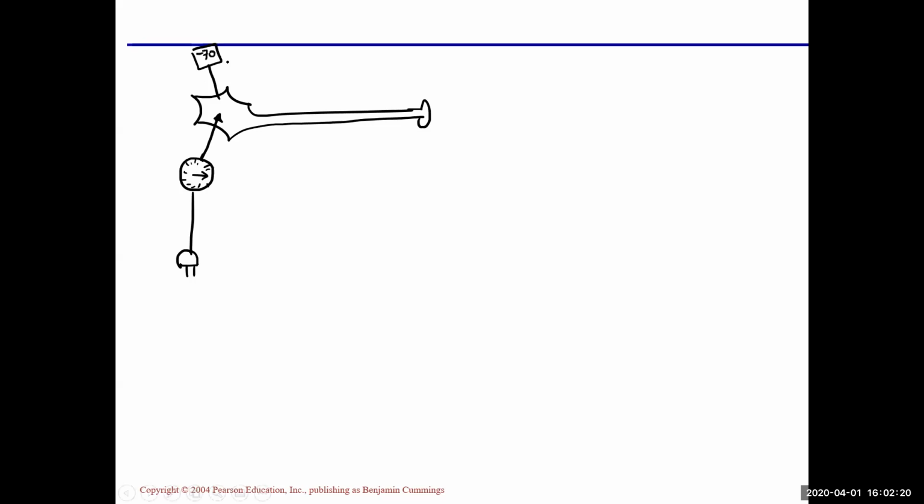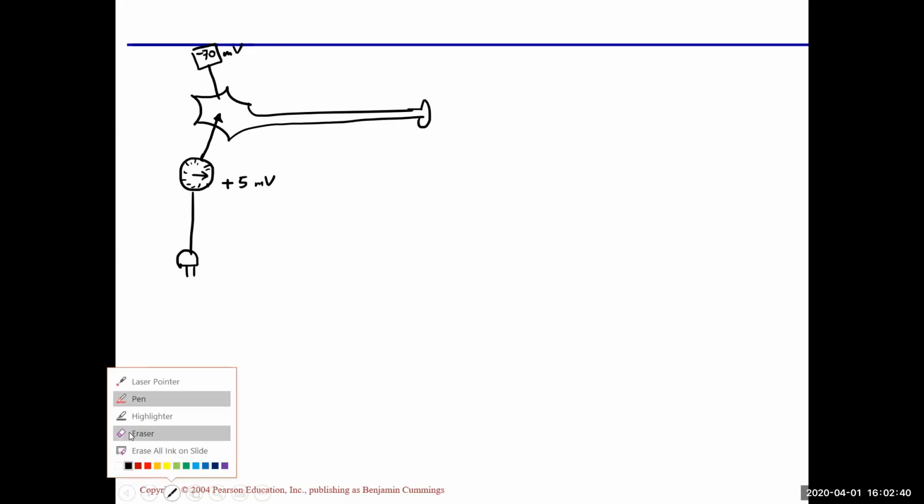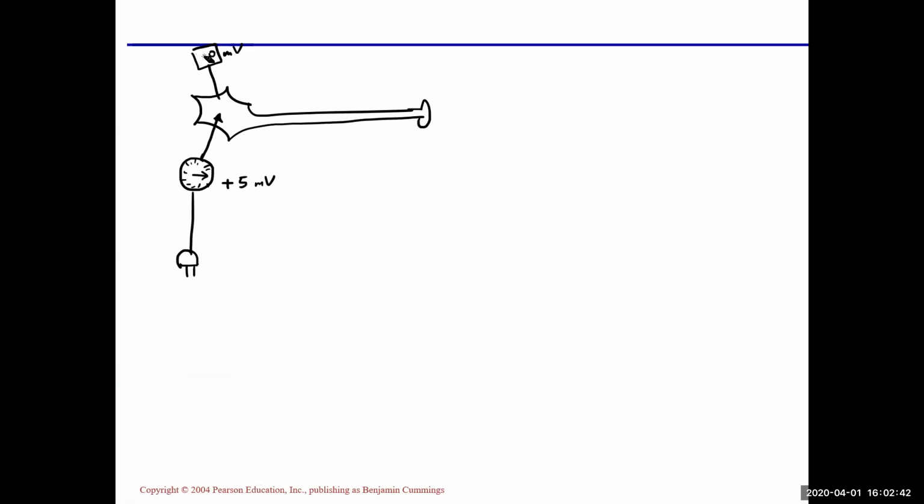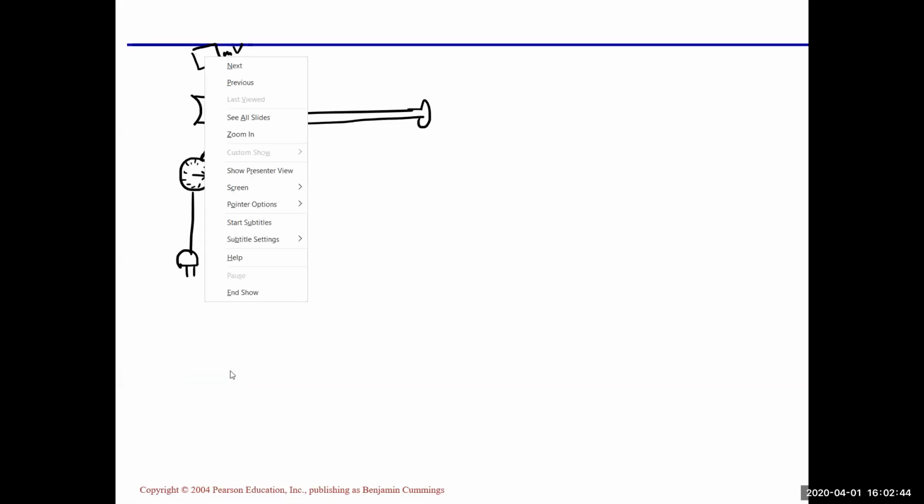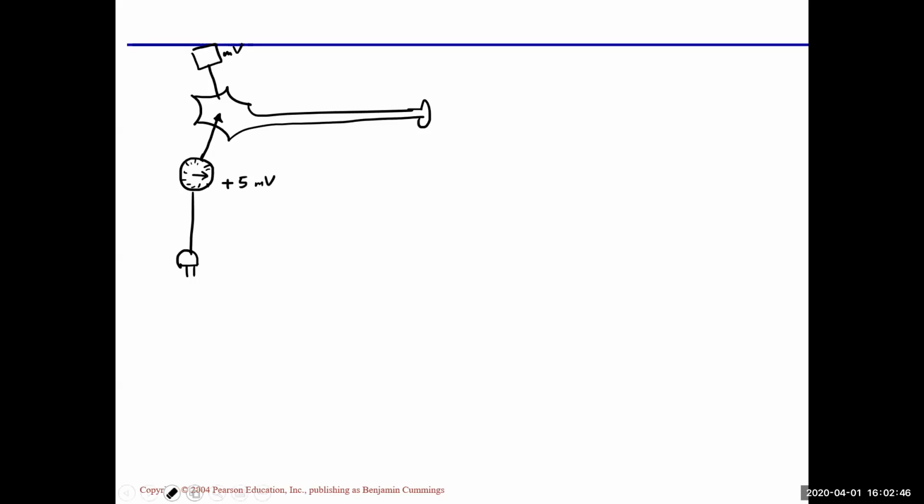We already mentioned that, all right? But what if I zap it with, let's say, +5 millivolts? Then what will happen? So this voltage meter is going to change probably to, can you guess? +5, -70.